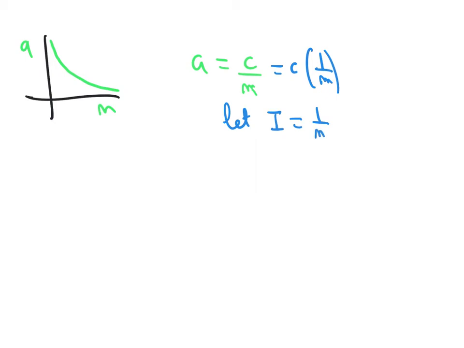Then A is now C times I. In terms of this new variable I, if I plotted A versus I, I have a constant times the variable. That's just linear.